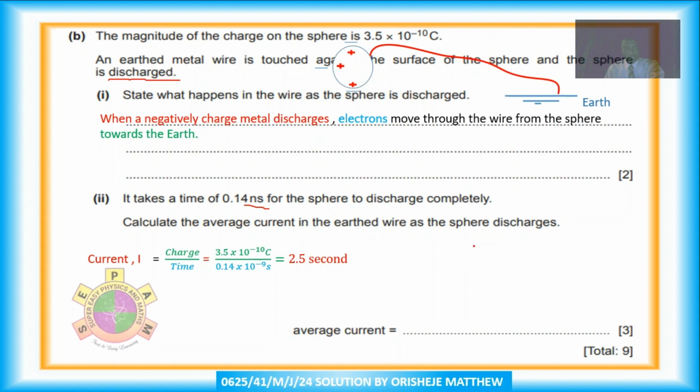For that, you remember that current is equal to charge over time. So current is the flow of charge per unit time. And substituting the parameters will give 2.5 seconds. So it will take 2.5 seconds for the sphere to be discharged completely.